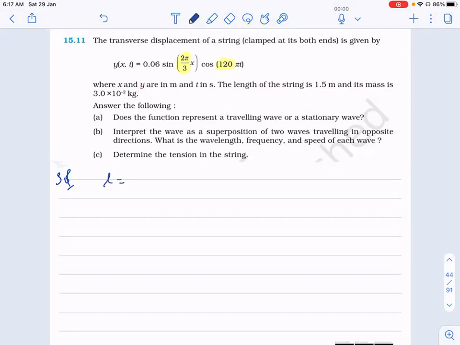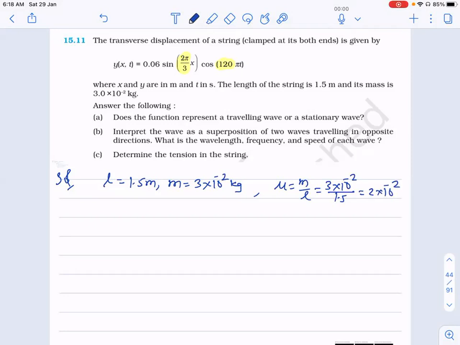Length is 1.5 meter and mass is 3 into 10 power minus 2. तो यहाँ से आपको m/l मिल जाएगा. m/l किसको बोलते हैं? मास पर यूनिट लेंथ, लीनियर मास डेंसिटी. 2 into 10 to the power minus 2. Okay.